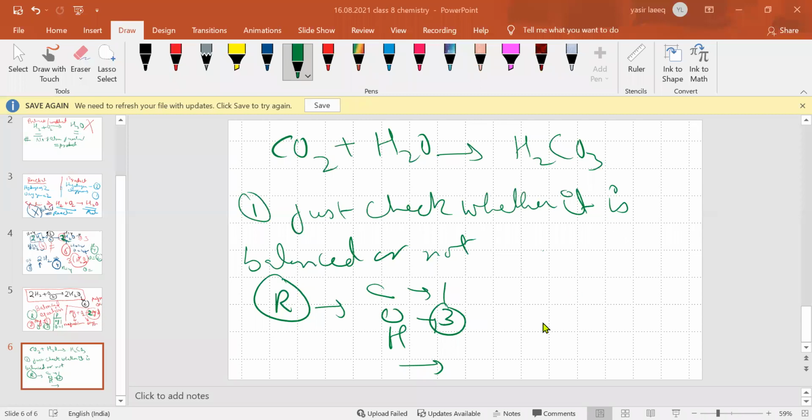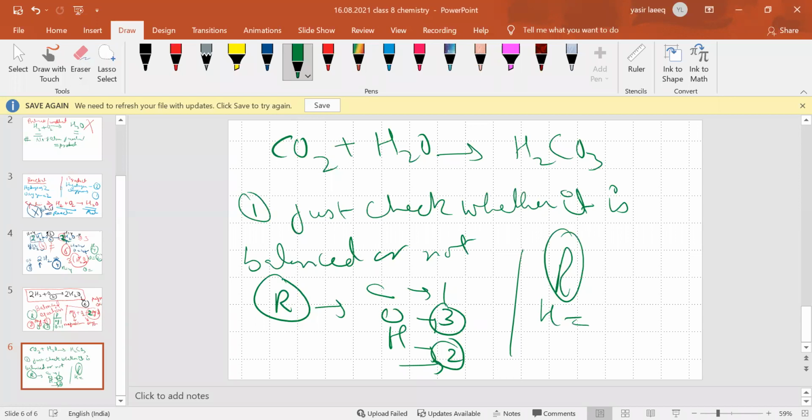If you are not getting that, let me know so that I will make you understand, inshallah. Hydrogen is 2 in the reactant.